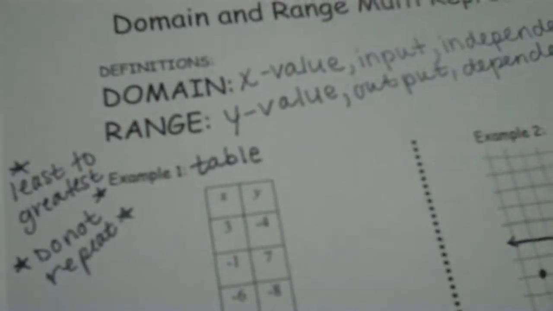So our first example is a table. So go ahead and write a table. In a previous video we already learned about equations, so now we're going to do a table. So we have x, y, and we have some numbers here. We need to figure out what the domain is and what the range is. You need to know that domain is x, right? So we are going to look at the x values.